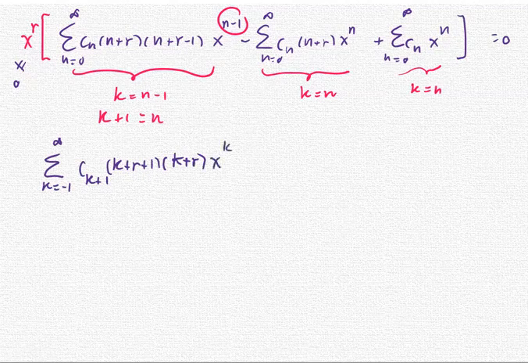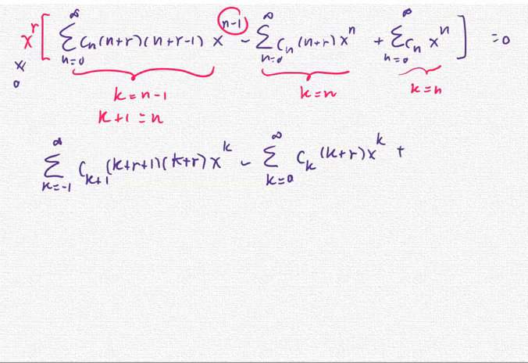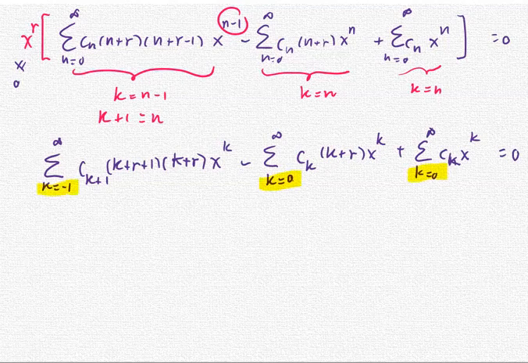X to the power k is now common, minus summation k equals, n and k are the same, so no change. Just replace k with n. Similar to the last summation. Start at 0, 0, start at negative 1.